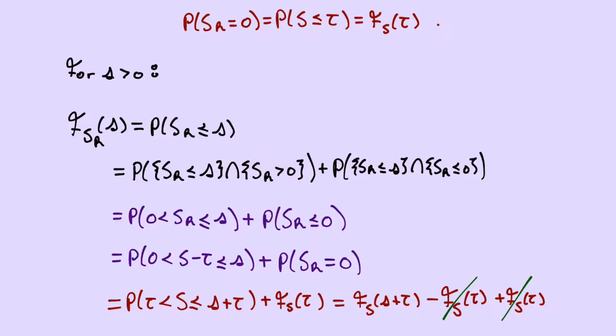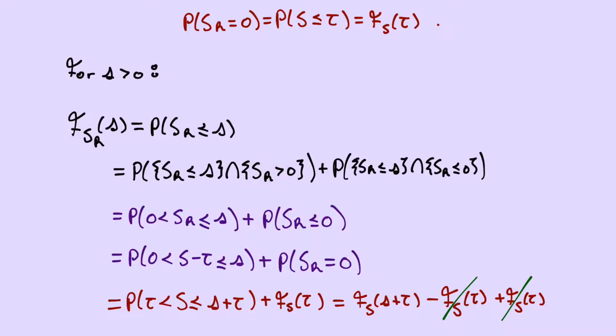Okay, in this case we can calculate the probability for the random variable S_R being less or equal than the value s, but at the same time that the random variable S_R is greater than 0. Okay, and on the other hand, we will have to add the probability of the event that S_R is less or equal than s, but when S_R is less or equal than 0, that is the complement of this other event.